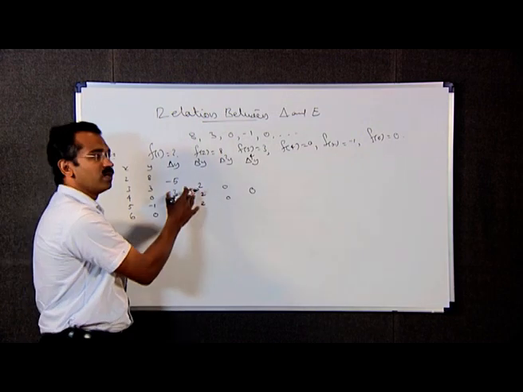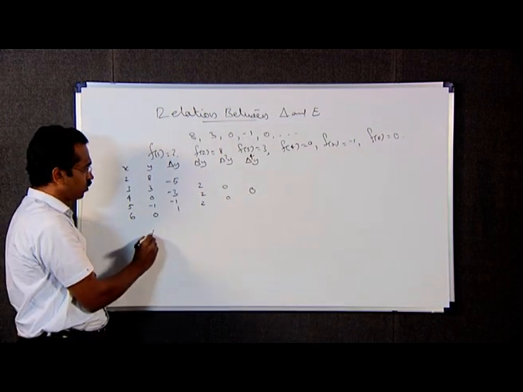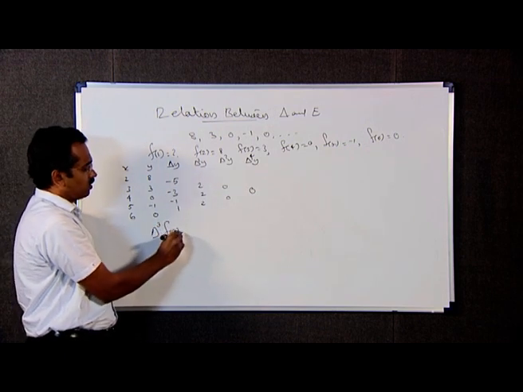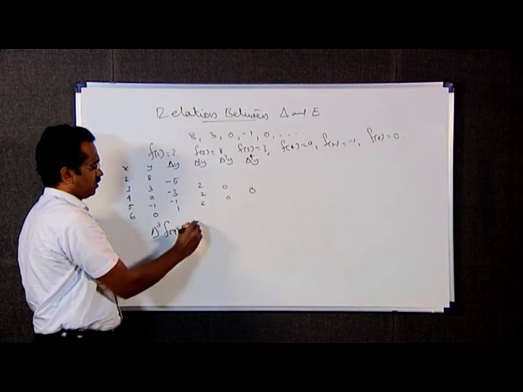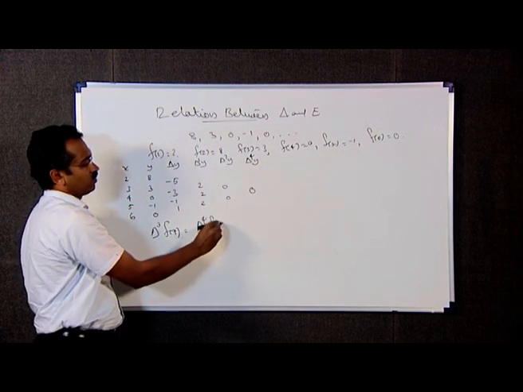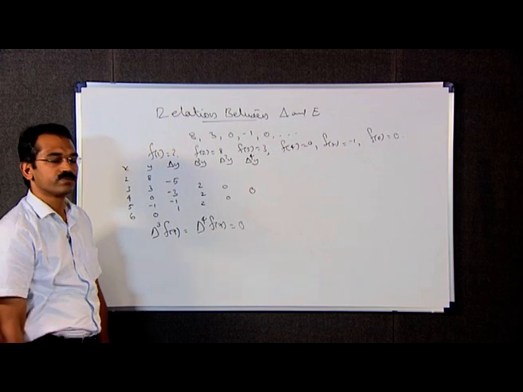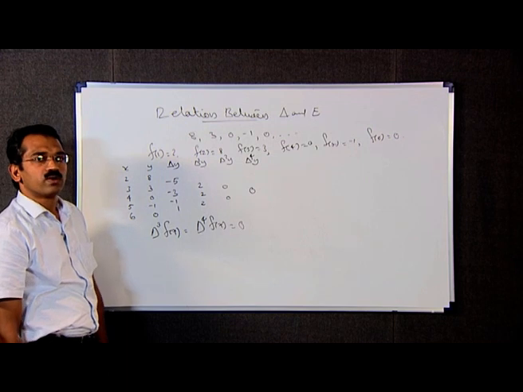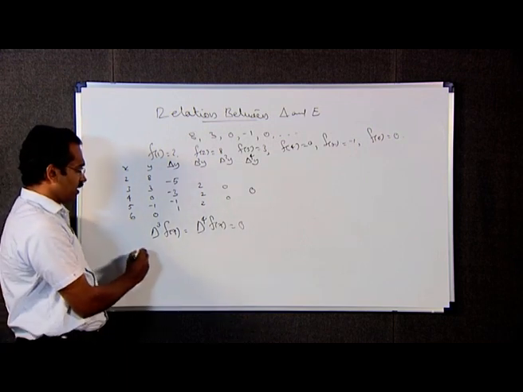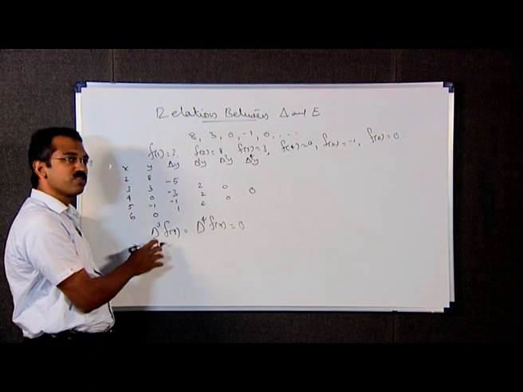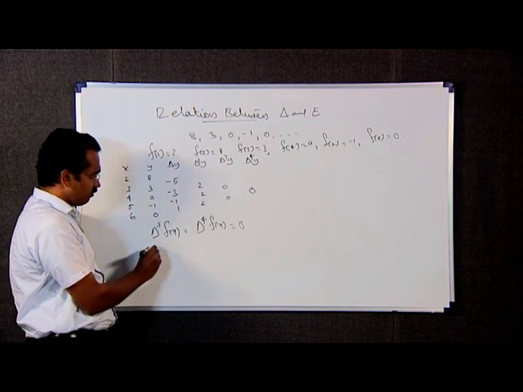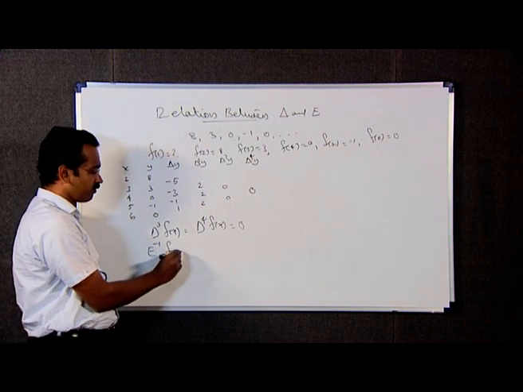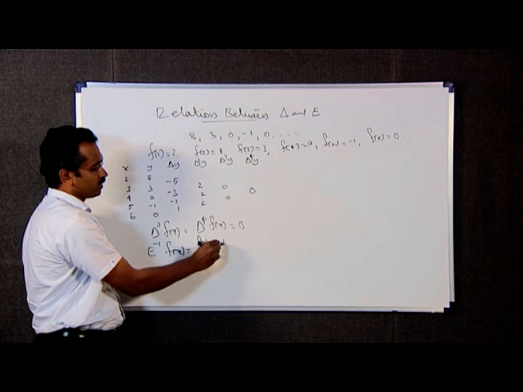From this difference table, we have delta cube f of x is equal to 0 and delta 4 f of x is equal to 0 and all other differences are 0. By using the shift operator, by definition we have E inverse f of x is equal to f of x minus h.